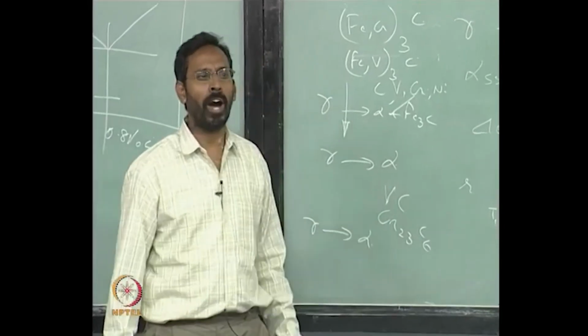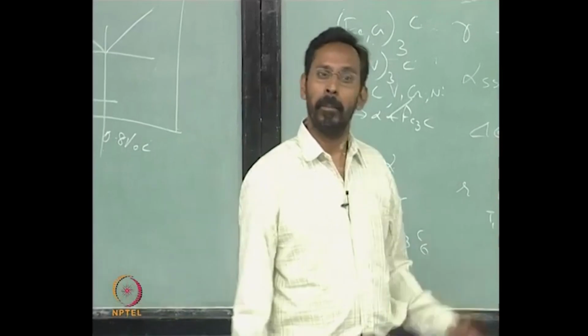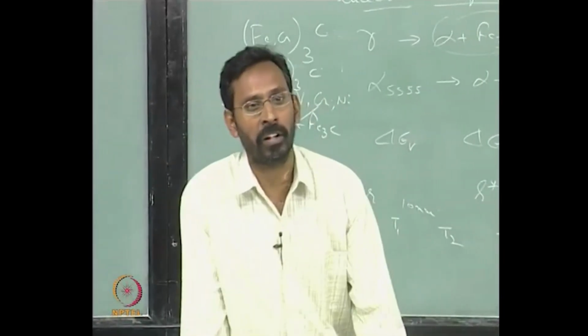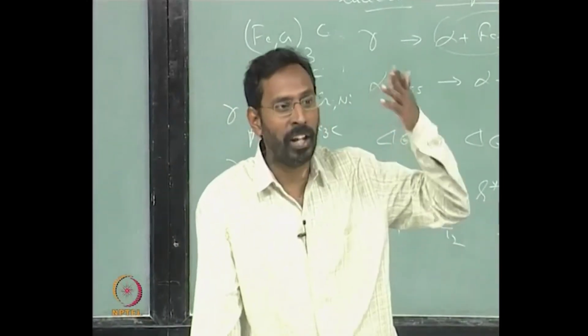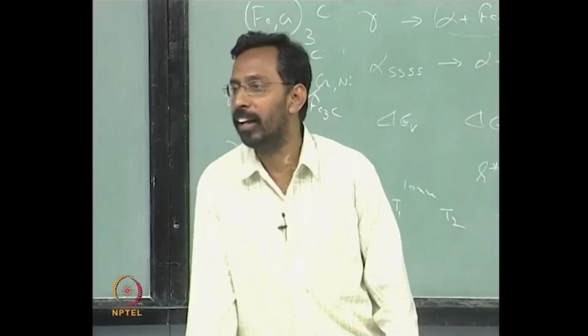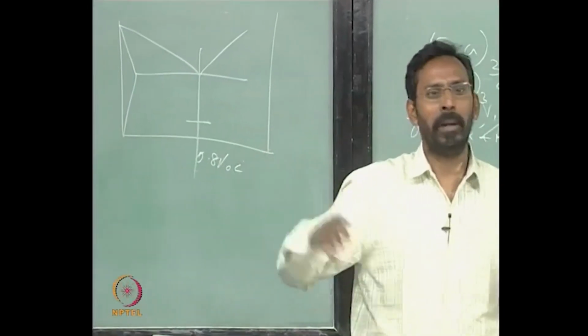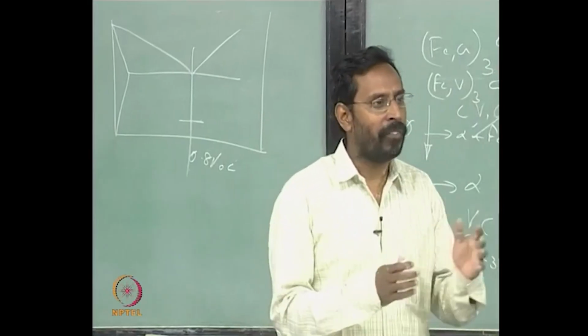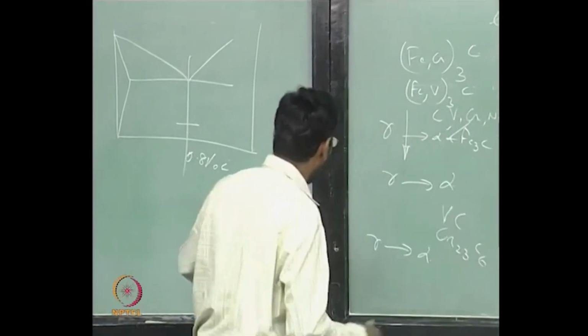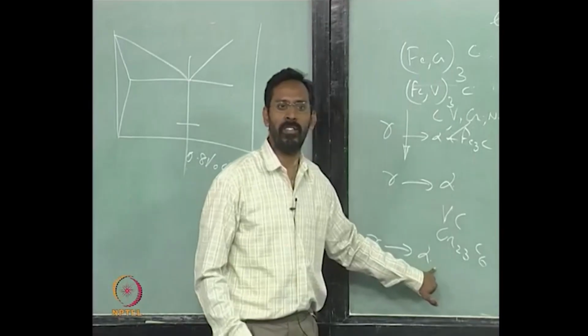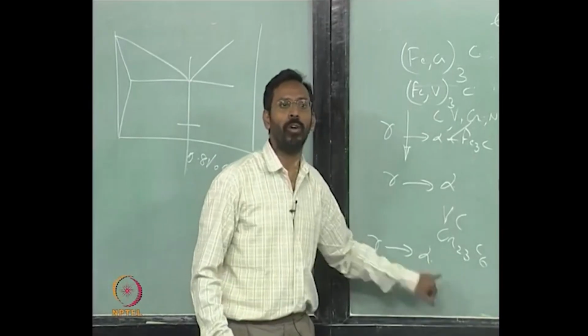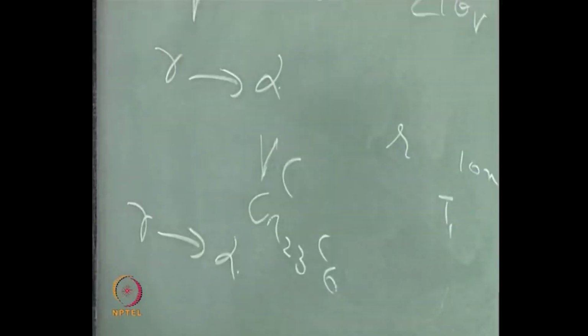What is the solubility of carbon in alpha? 0.025 at room temperature, actually 0.025 at 723, 0.006 at room temperature, but I am having 0.8% of carbon. That means it is such a highly metastable state. This alpha which has formed, where only an FCC structure changes to a BCC structure, which means it only needs a short range diffusion.